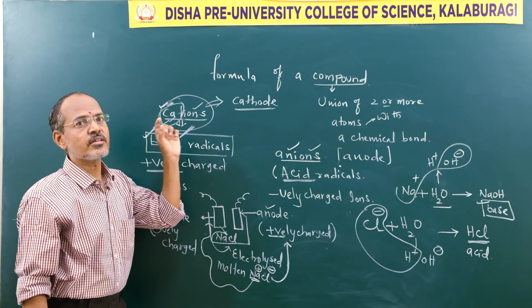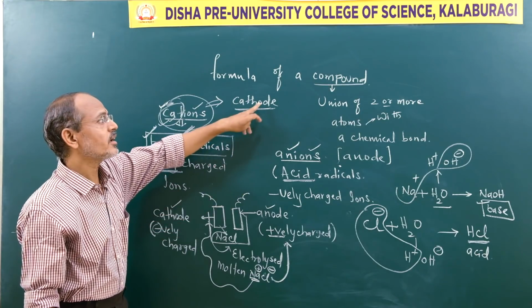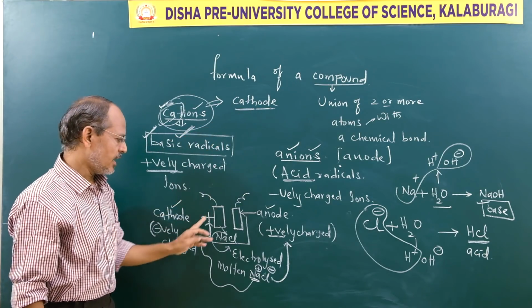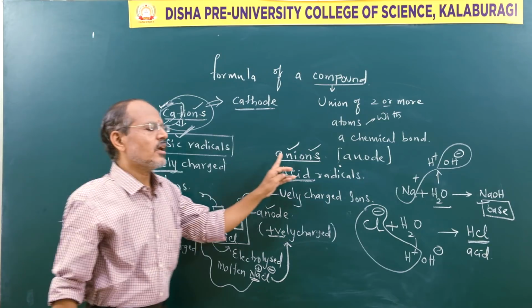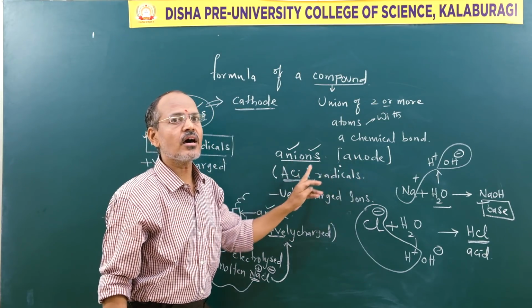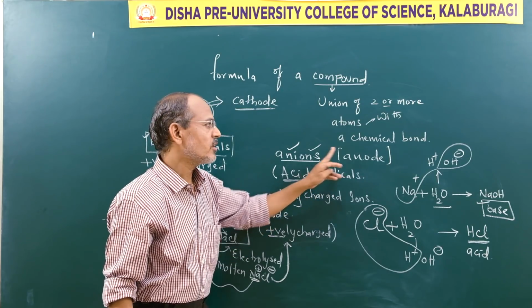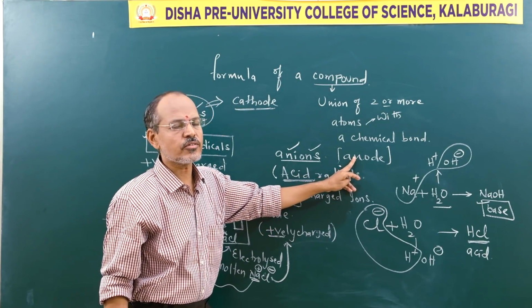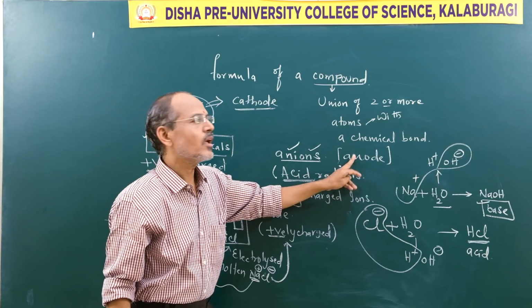Cations, because these are the ions which are moving toward the cathode, which is negatively charged. Anions, these are moving towards the anode, because anode is a positively charged electrode.